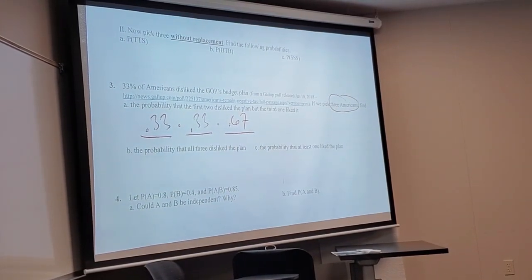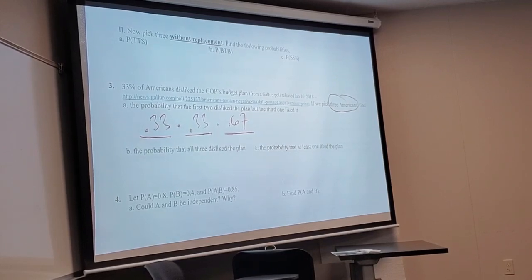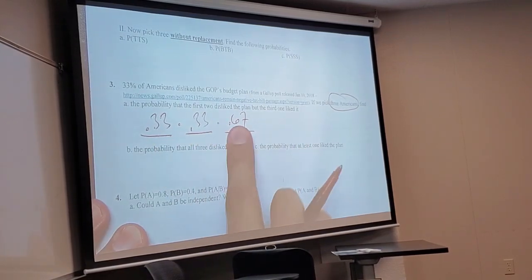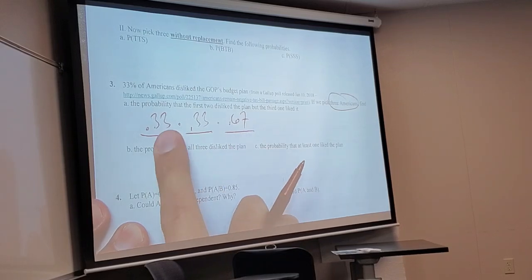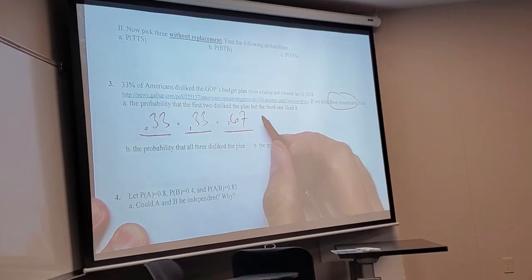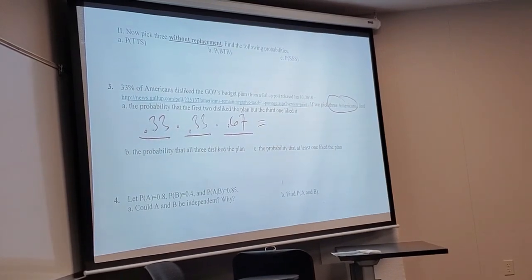So the funny thing is, if I have such and so many things and I want each one to do something, so this one does something, and this one does something, and this one, and means multiply, and then you just fill in each spot exactly related to what you want them to do. I want the first 2 to dislike it, but the last one to like it. This one dislikes it, and this one dislikes it, and this one likes it. So now I just got to throw that in the old calculator.